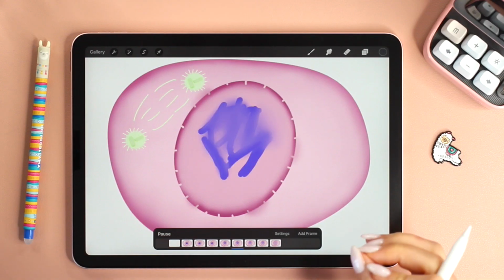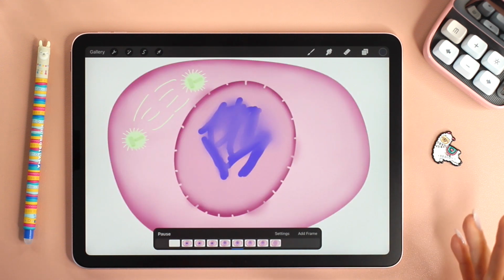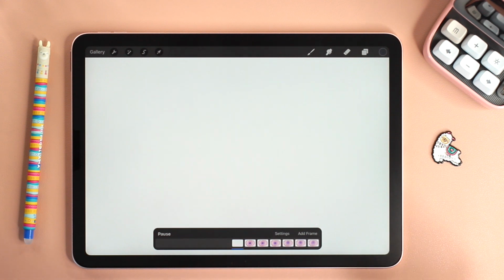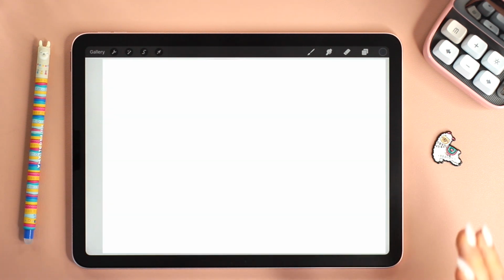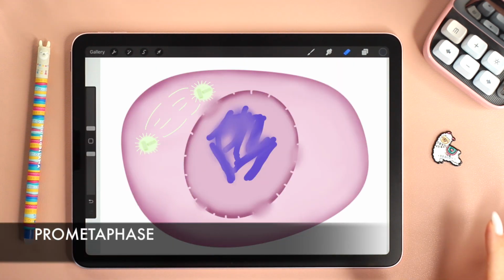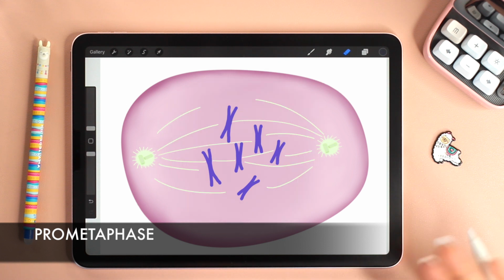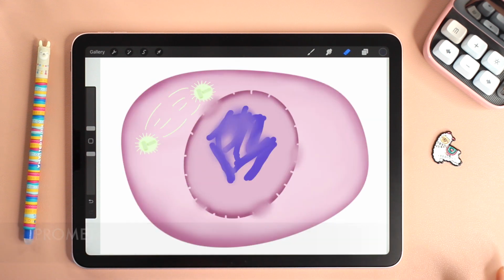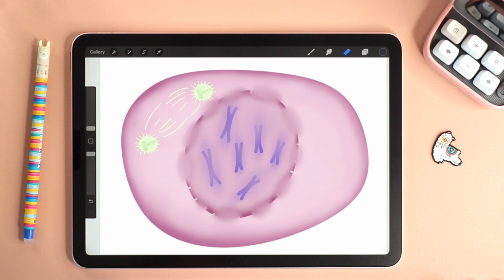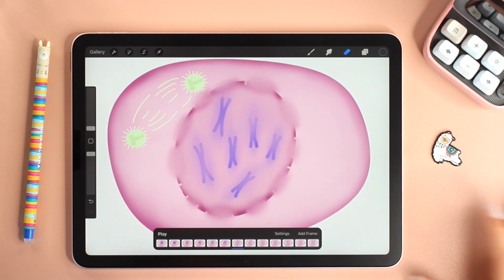Next, if we direct our attention to the chromatin, we notice how they condense and coil into chromosomes that become clearly visible under the microscope. In prometaphase or late prophase, the nuclear envelope breaks down. Why? Because if we don't have a nucleus anymore, then the microtubules and the chromosomes can move more freely in the nuclear region.